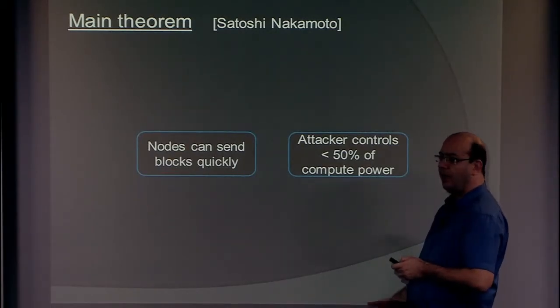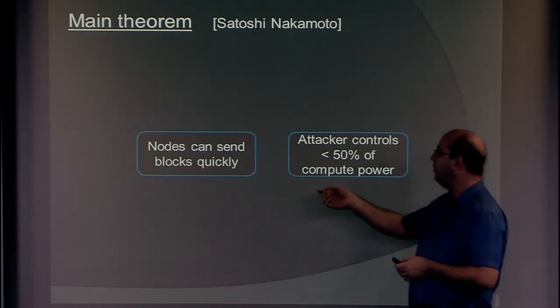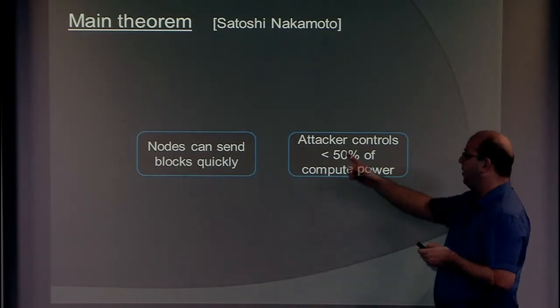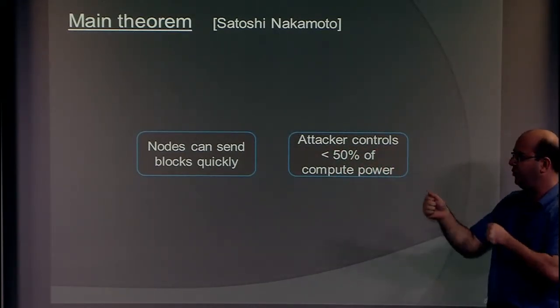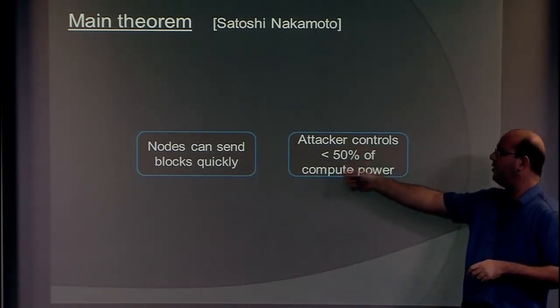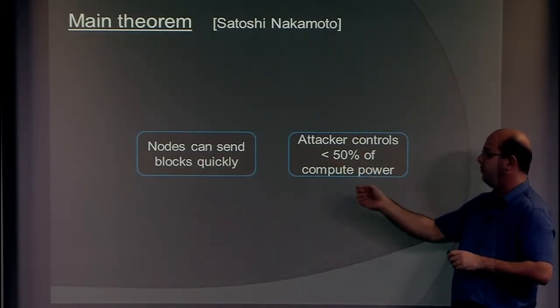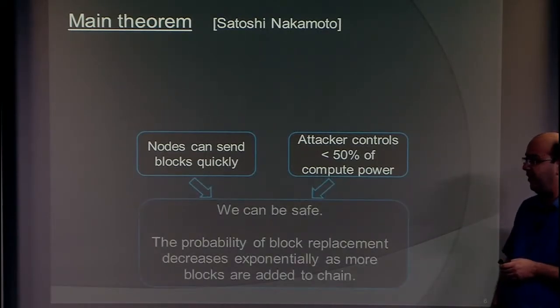And he basically has one central theorem there that says that if we have these two assumptions, that nodes can really send blocks quickly to each other, and that the attacker, whoever's trying to switch where money is going, is controlling strictly less than 50% of the computational power, then we can essentially be safe.